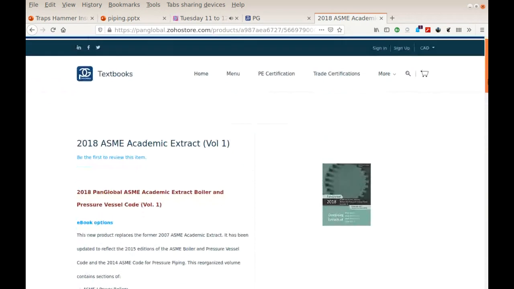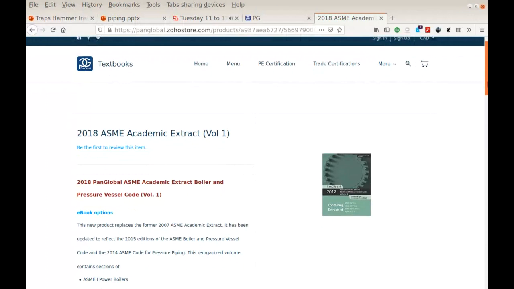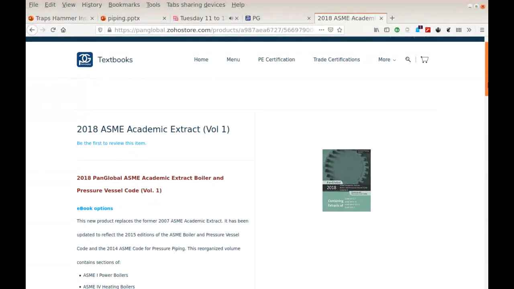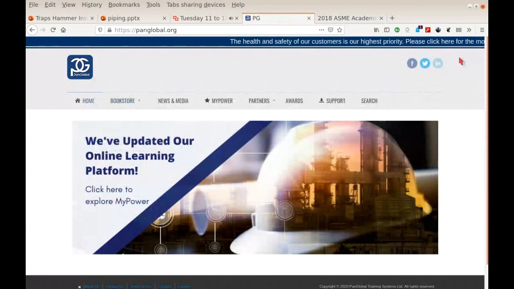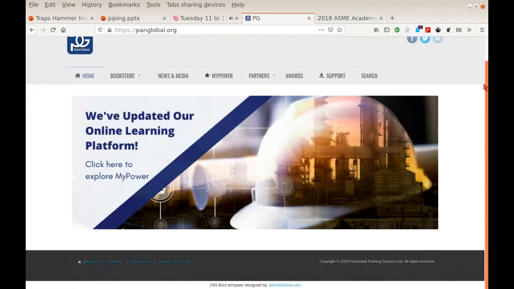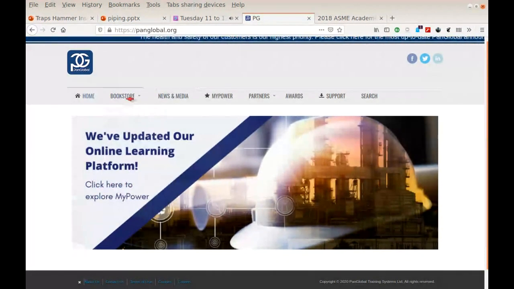Now, I'm not blowing smoke or bragging or anything like that, but I'm the person that compiled this code book, because I don't know if you guys knew, but I worked for Pan Global for about 3 years. I was the chief technical editor toward the end of my tenure there.